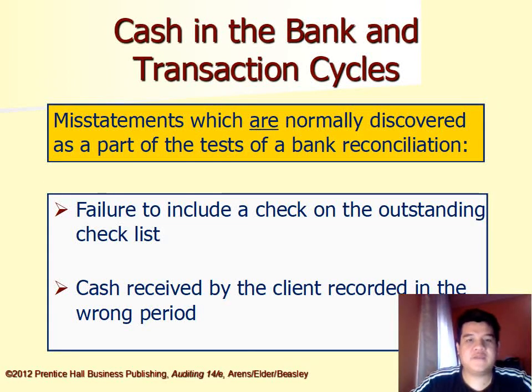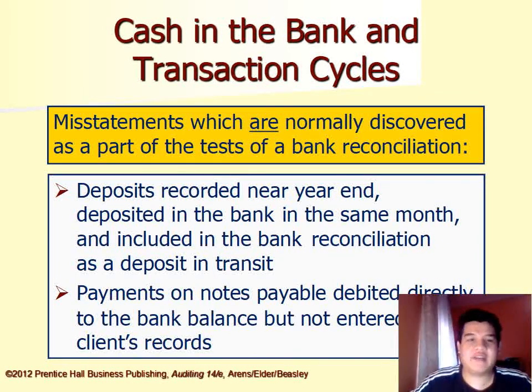There are different types of misstatement which are normally discovered as a part of the test of bank reconciliations. So these include failure to include a check on the outstanding checklist, cash received by the client recorded in the wrong period, a deposit recorded near year end, deposited in the bank in the same month, and included in the bank reconciliation as a deposit in transit.